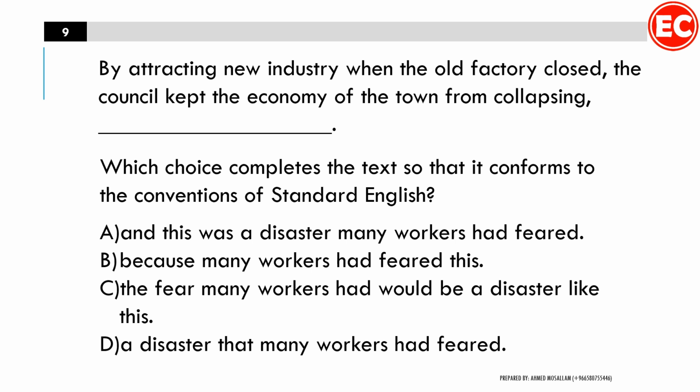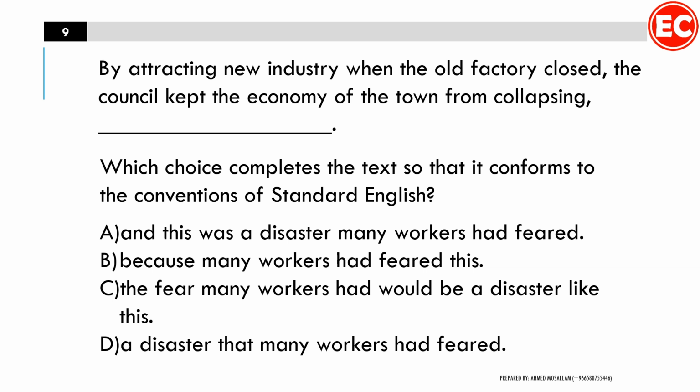By attracting new industry, when the old factory closed, the council kept the economy of the town from collapsing. By attracting new industry, this is going to be called a modifier. Who attracted? The council. This one we're going to cover later, inshallah.